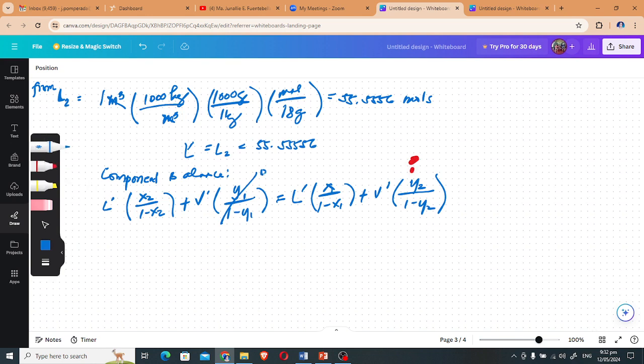So how do we determine y2? Using Henry's law, we know that y2 is equal to m times x2, and if we associate this with Henry's law, this will be H, the Henry's law constant, divided by the total pressure of the system, times x2, and this is our y2.